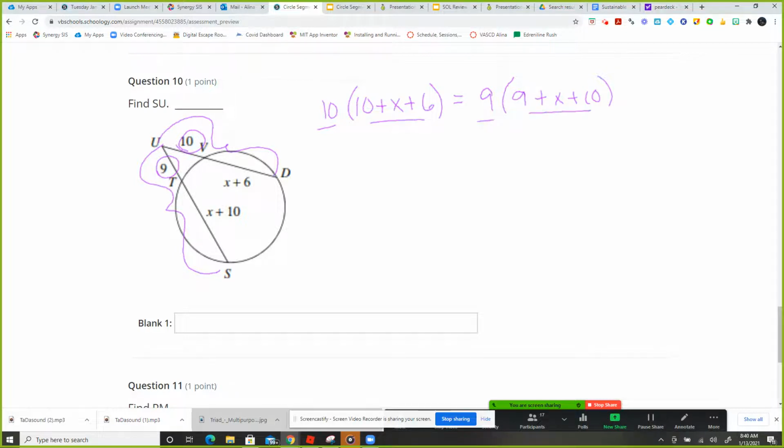So then when we clean that up, we can do 10 plus x plus 16 equals 9 times x plus 19. However you do that. And then 10x plus 160 and 9x plus, anybody got 9 times 19? Awesome.